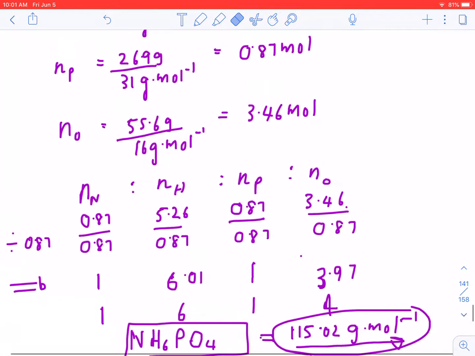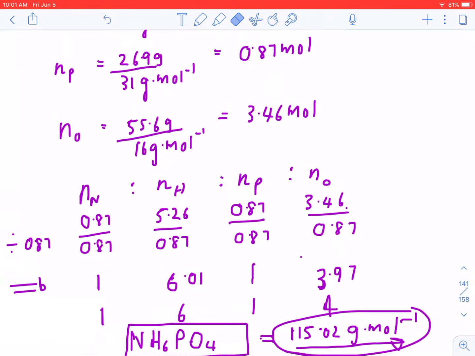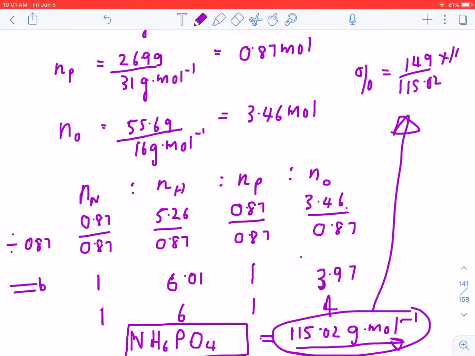Maybe let's just illustrate it. If I wanted nitrogen's percentage composition, that is equal to, we know nitrogen in here is 14 grams, all upon 115.02 times 100%, and what do I get?